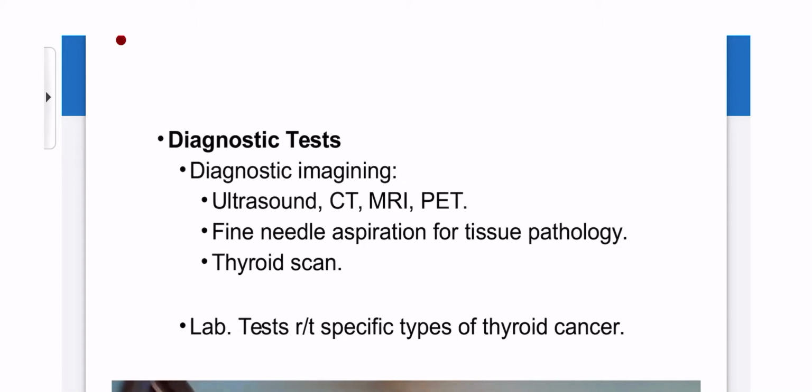Fine needle aspiration for diagnosis, looking at the tissue pathology, and a thyroid scan would show if there's diffuse uptake or nodules in that thyroid gland. And then they might do more specific cancer type of studies to make that determination.